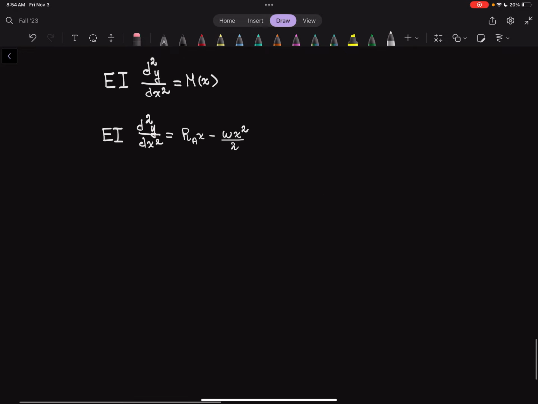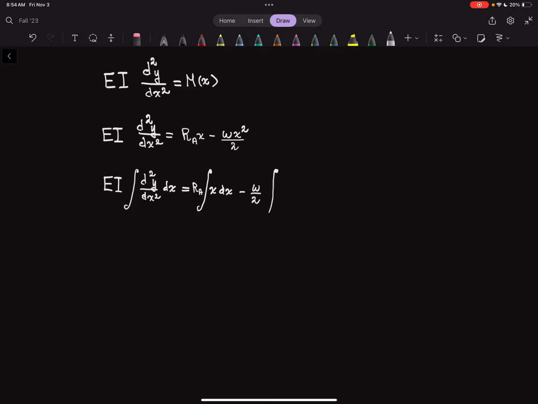Okay, so now we can integrate both sides with respect to x. I'm going to integrate this left side, and I took E and I out because I'm assuming they're constant throughout x. And here we're going to integrate and distribute the integral. So we'll say RA is constant, and then we have x dx minus W over 2.